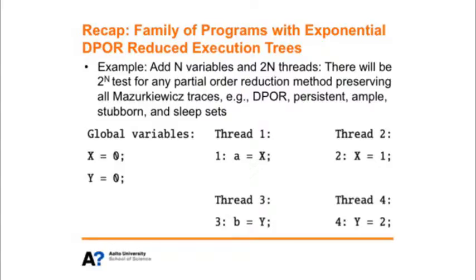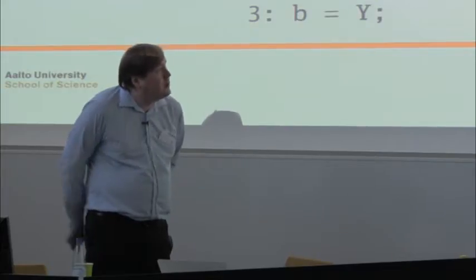So let's get back to this example we already had before. We had this example where the DPOR test set will always be exponential.